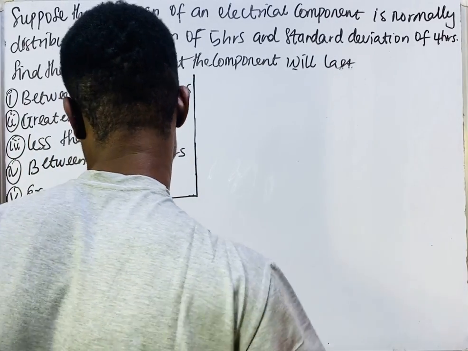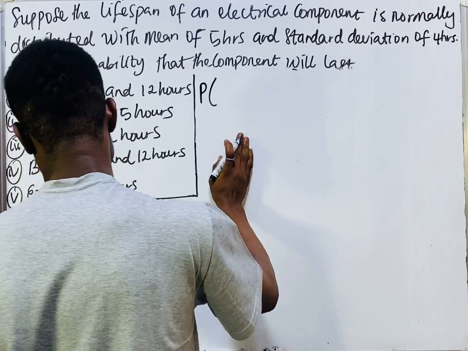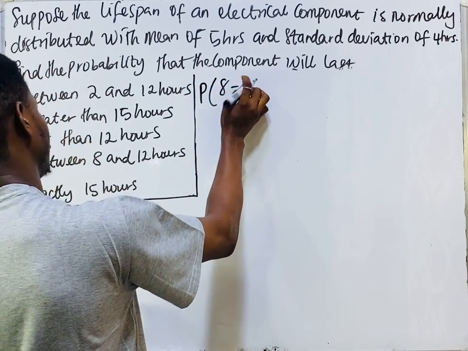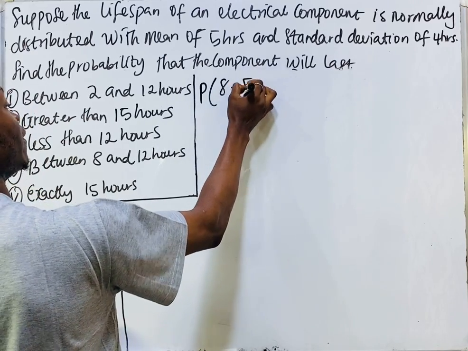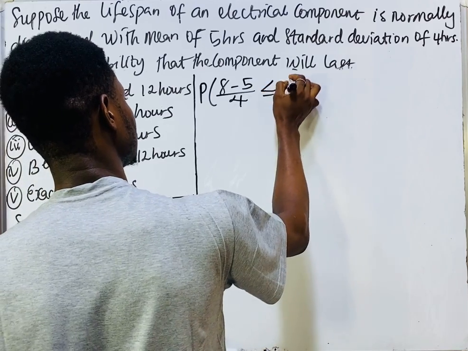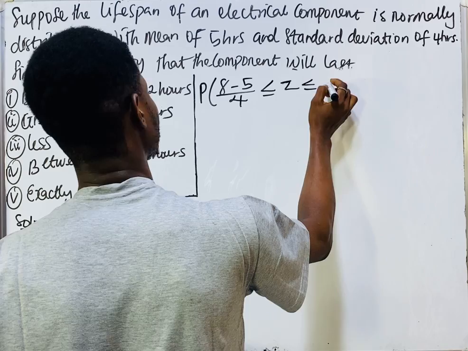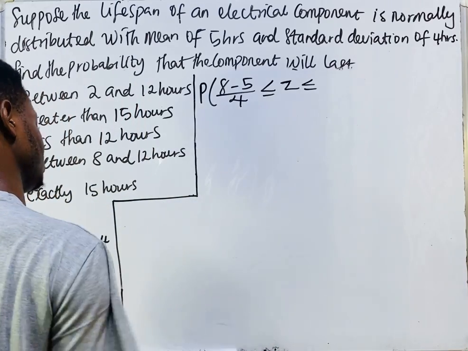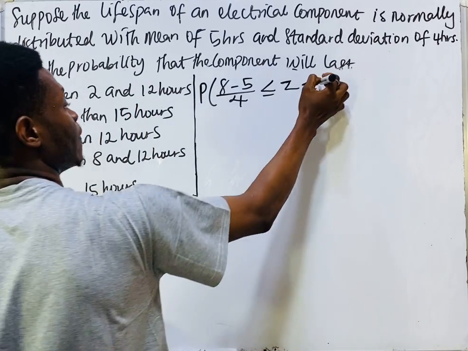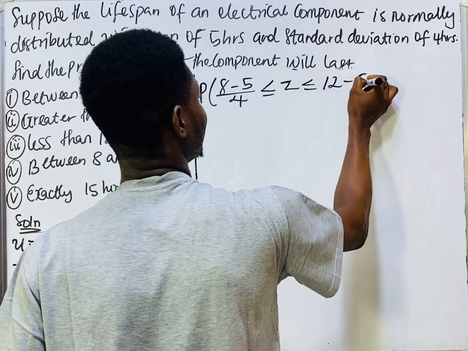So we'll have the probability that 8 minus our mean, which is 5, all over the standard deviation, which is 4, is less than or equal to Z, less than or equal to 12 minus 5 over 4.